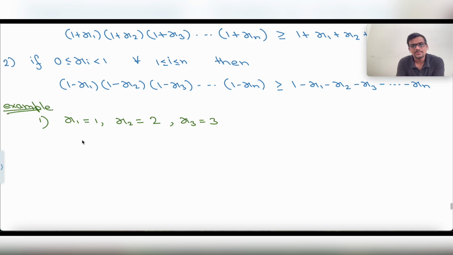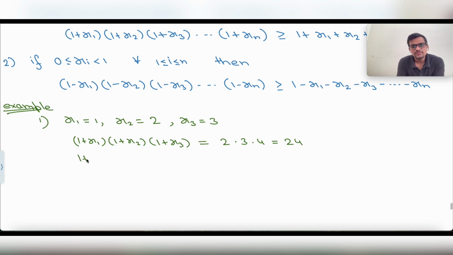For the first inequality, if we see the product (1 + x1)(1 + x2)(1 + x3), this will be 1 plus 1 is 2, because x1 value is 1, product 1 plus 2 is 3 and product 1 plus 3 is 4. So this will be equal to 24.